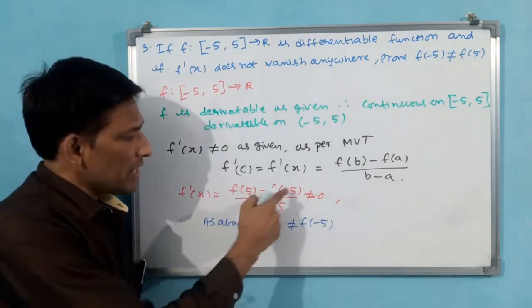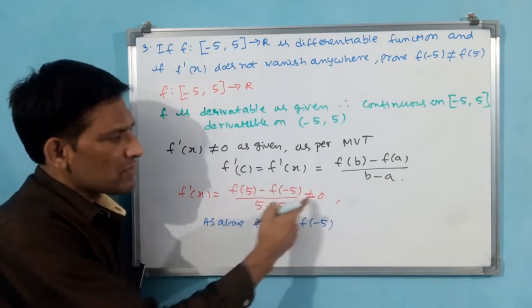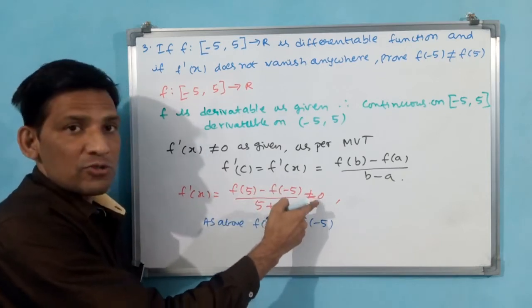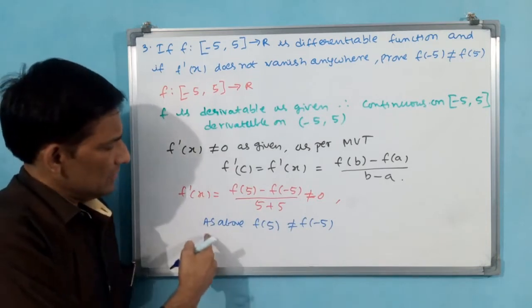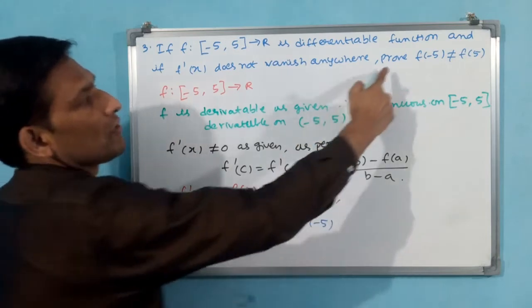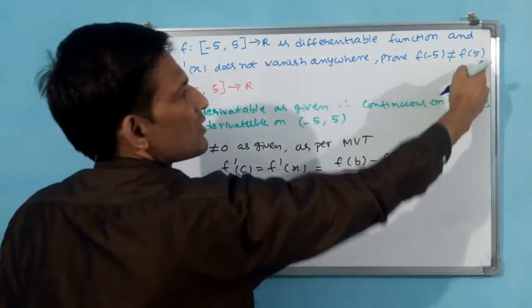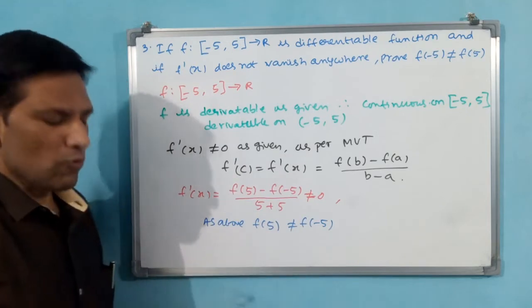Why? Because if both are equal, then this is going to become 0, but here it is not equal to 0; we have already confirmed it does not vanish. As above, f of 5 is not equal to f of minus 5. Prove f of minus 5 is not equal to f of 5, both are vice versa. This is the proof, that's all.